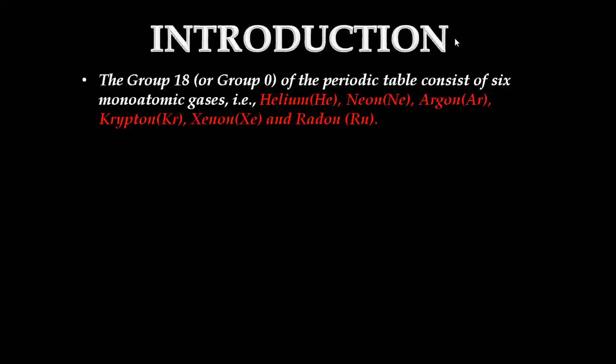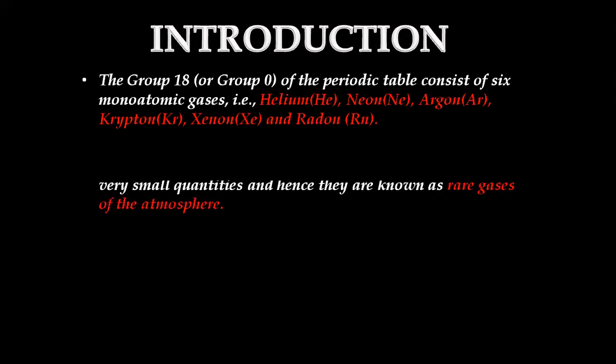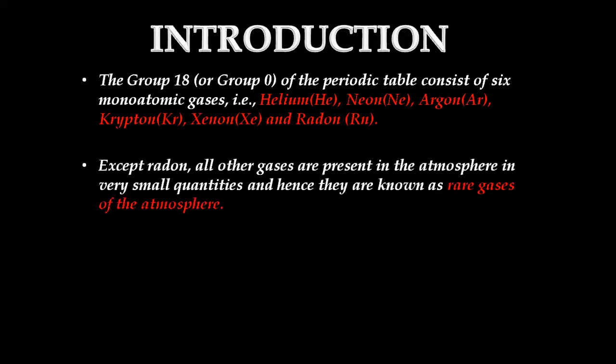The group 18 elements, also known as group 0, remember that, of the periodic table consist of 6 monoatomic gases. They don't exist in molecular form, they exist in atomic form, and that is nothing but helium, neon, argon, krypton, xenon, and radon. Except radon, all other gases are present in our atmosphere.